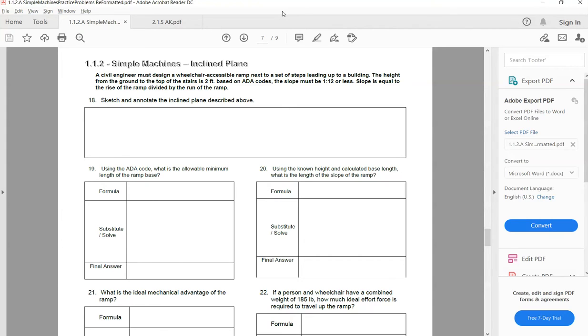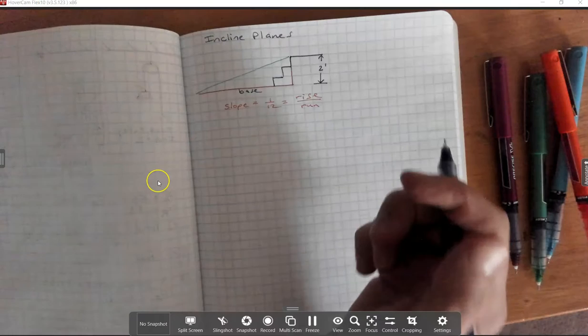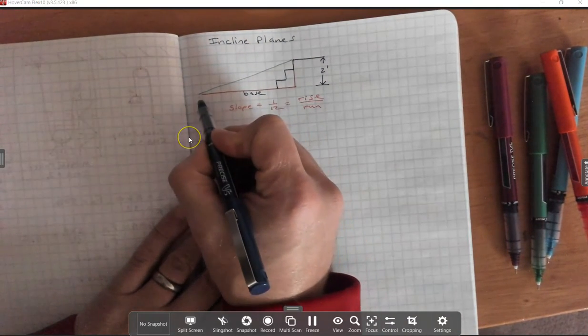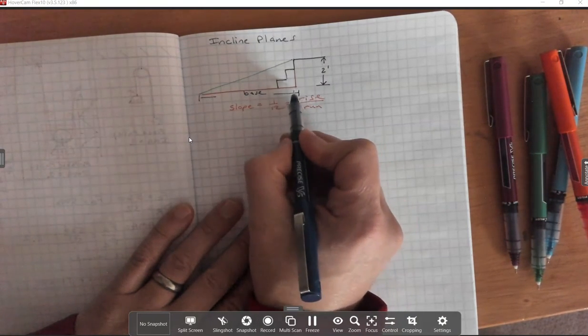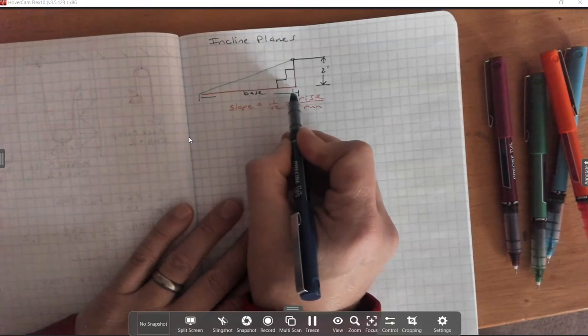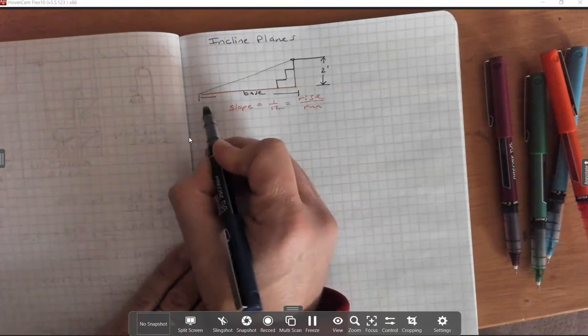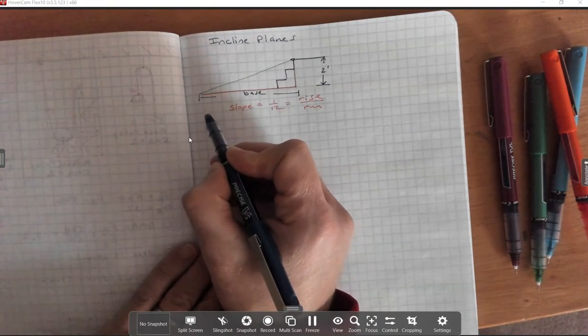Let's look. Using the ADA code, what is the allowable minimum length of the ramp base? Okay, so the minimum distance of the ramp base is this distance right here. It also represents how far out from that top stair, from that top corner, horizontally, this ramp is going to have to extend.